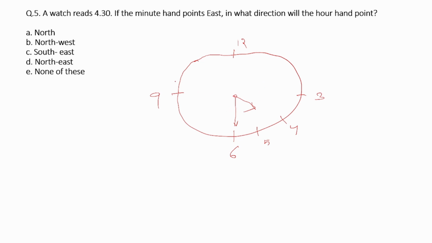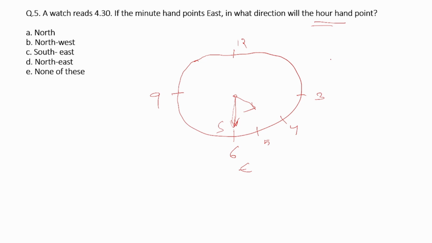So if the minute hand points east, at 4:30 the minute hand is actually directed towards south, but south becomes east. The question says the minute hand points east, meaning south shows east. In what direction will the hour hand point?